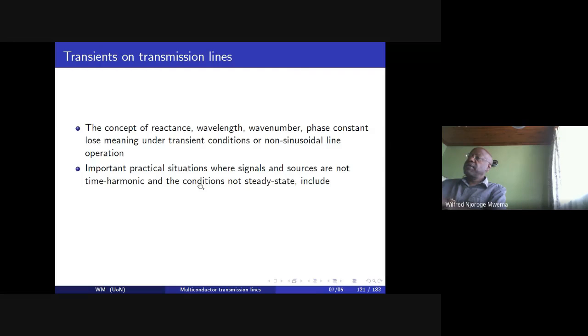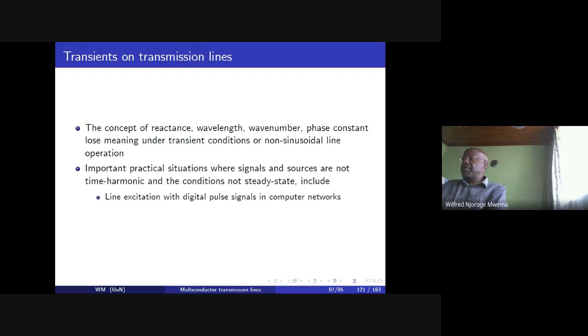Important practical situations where these signals and sources are not time harmonic and the conditions are not steady state would include such cases as we excite the line with digital pulse signals, say for example in a computer network. The digital signals are alternating or switching signals, usually trapezoidal.